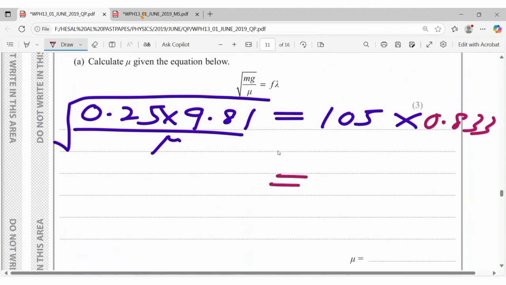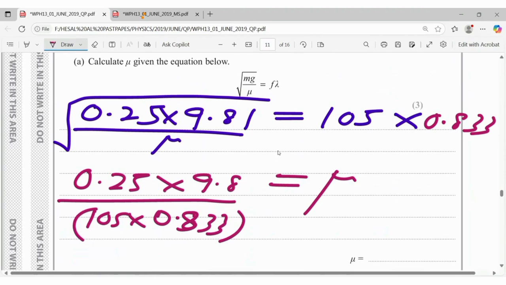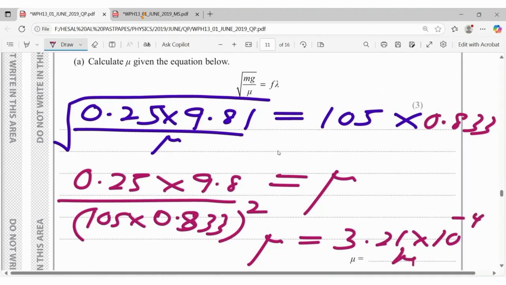Directly I am bringing this mu to this side. Square root cancel, times 0.25 into 9.81. This one bringing down, but this side becomes squared. Separately squared, multiply. You can find here your mu value: 3.21 into 10 to the power minus 4 unit kilograms per meter.